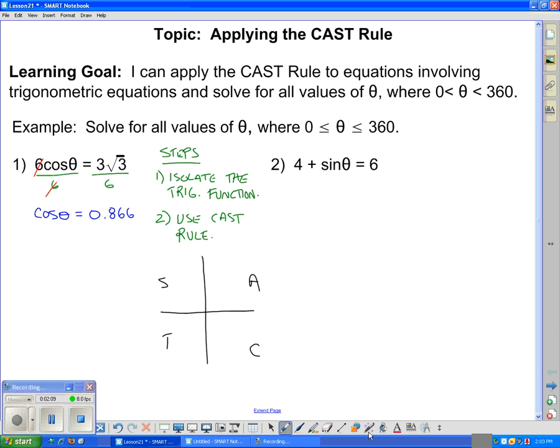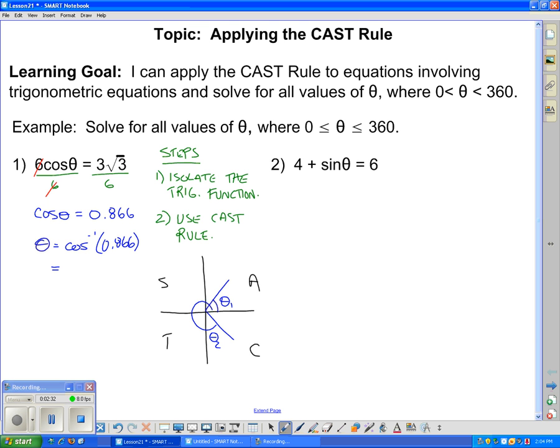So we're going to get 2 angles. We are going to get an angle right here, which is theta, the first angle, so theta 1. The second one is going to be in this quadrant, and it's going to be measured just like that. Now we go to the calculator and calculate cos inverse of 0.866.